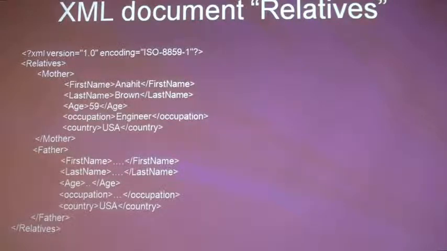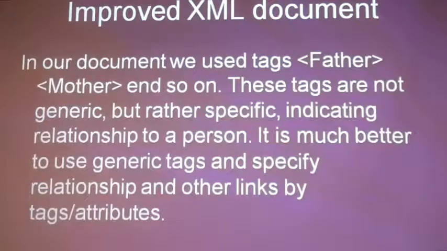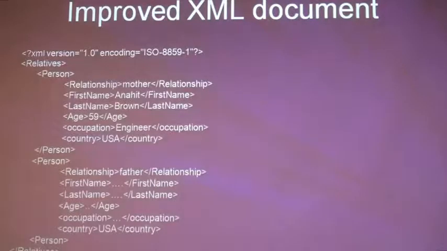So next thing which I'm going to do, I'm going to reformat this document, introducing a generic tag. So look here, I just introduced the generic tag person. It means that I'm going to cover only human relationships. If you are related to your cats or home pets, we're not going to cover it here. But essentially all links between human beings, we can do that here.